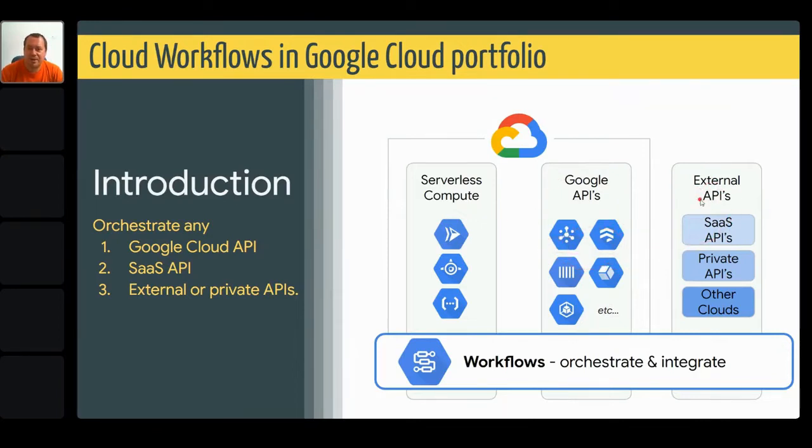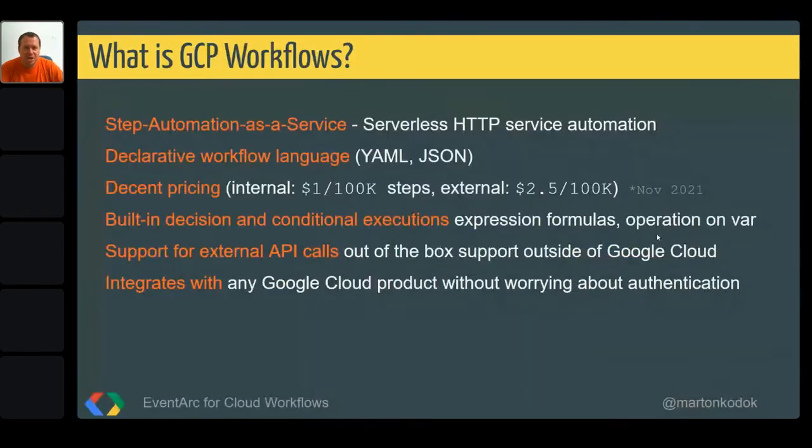And of course, the external APIs, just to name an example, SendGrid to send an email, or do a tweet, or do a Slack job notification, whatever can be done as well.